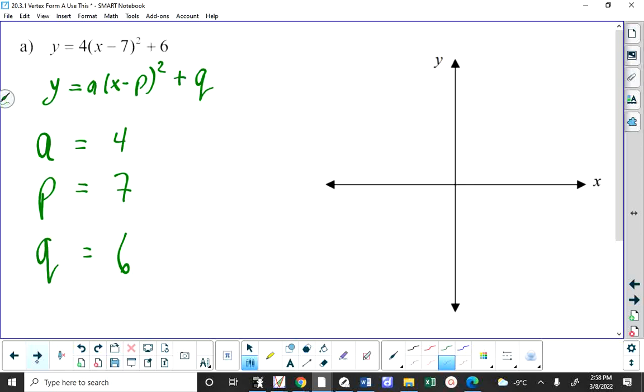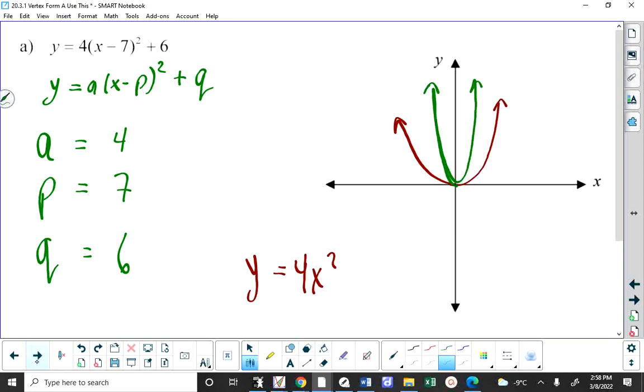It'll be 4 times taller because that value of A stretched things by that factor. So don't draw anything just yet. If I said to you, what does y = 4x squared look like? Don't draw this. If this is x squared, then 4x squared looks like this. And remember what I've told you, I just care that you know that 4 makes it taller.